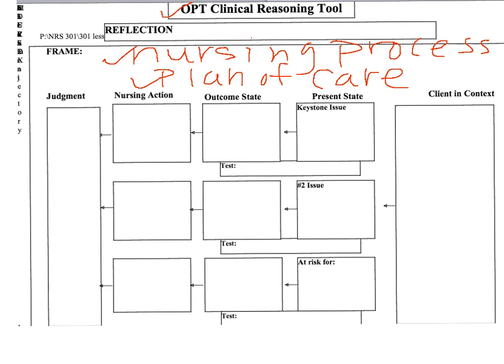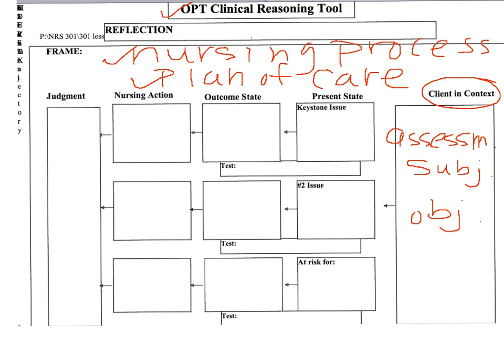As long as we're talking about the nursing process and the plan of care, I need to help you develop some language that matches up with OPT language. For example, over here, the client in context, what that really means is assessment data. Okay, so it means your assessment data. What is your assessment data? It's your subjective data, whatever the client tells you, and it's also your objective data, whatever you as the nurse actually heard, smelt, felt, observed with your own eyes.